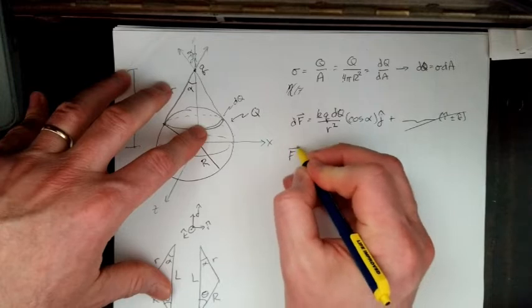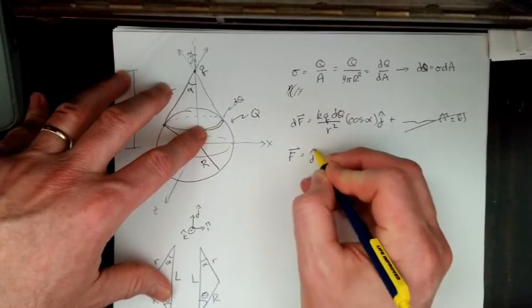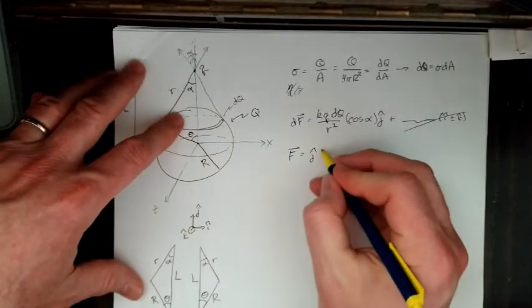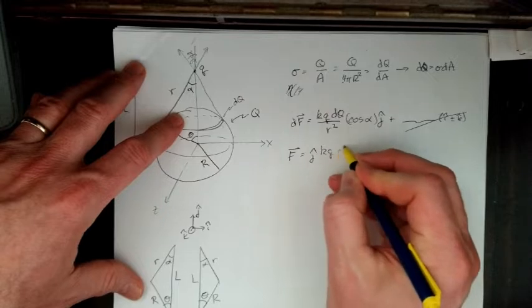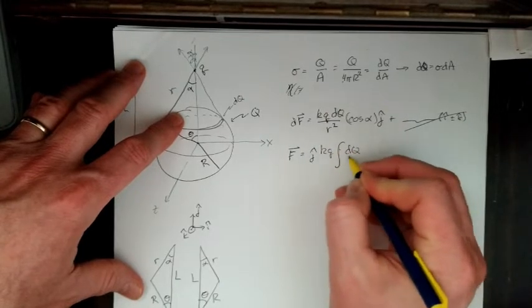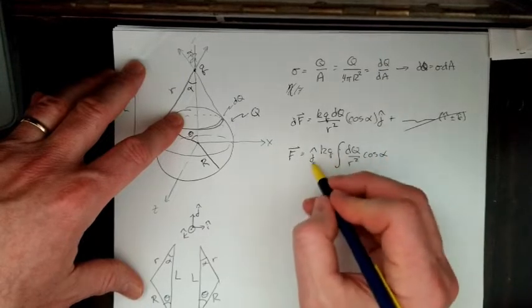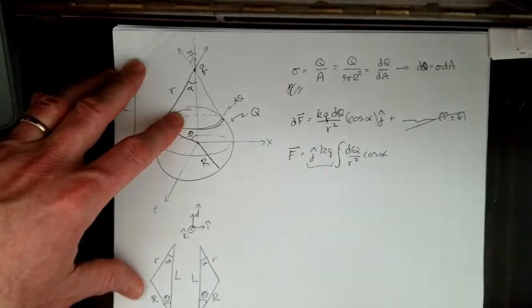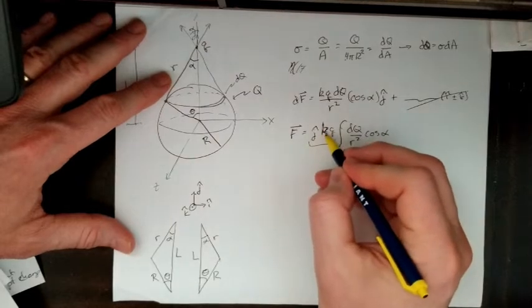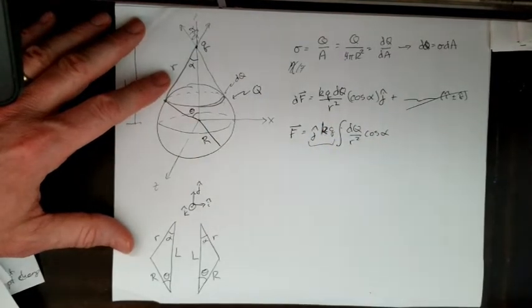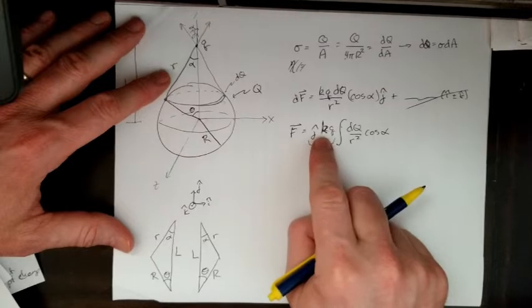So my force is going to be in the j hat direction, given the way I've set this up, times kq dq over little r squared cosine alpha. So notice what I've done here is I've pulled my constants out. For some of you, you'll be looking at this k right here and going, wait, what is that k? This is Coulomb's constant.